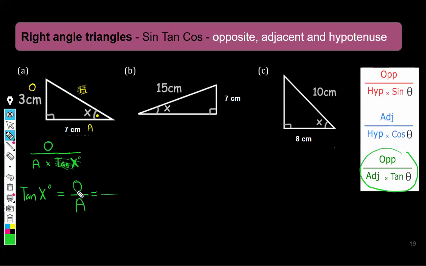What's the length of the opposite side again? 3. And what's the length of the adjacent side? 7. Take 3 and divide it by 7. My advice is go properly to 2 decimal places.